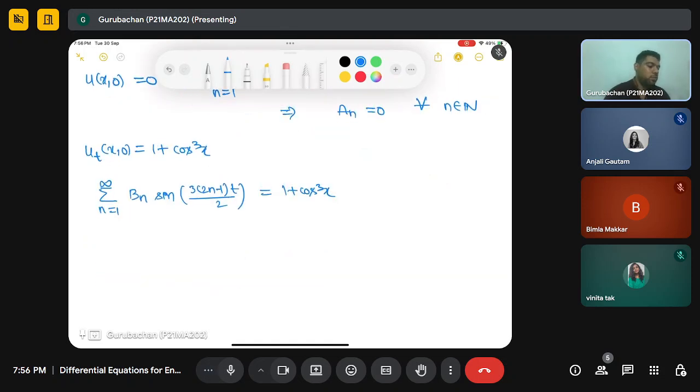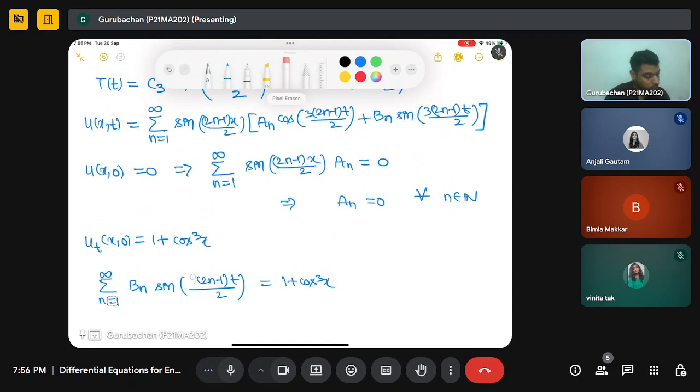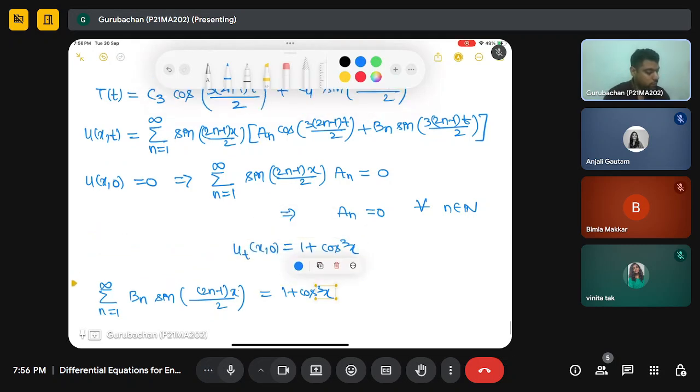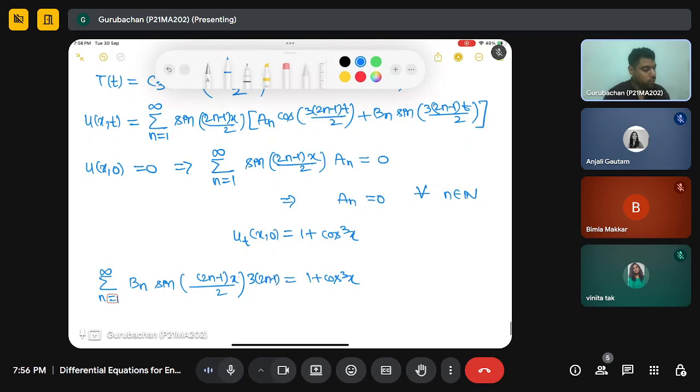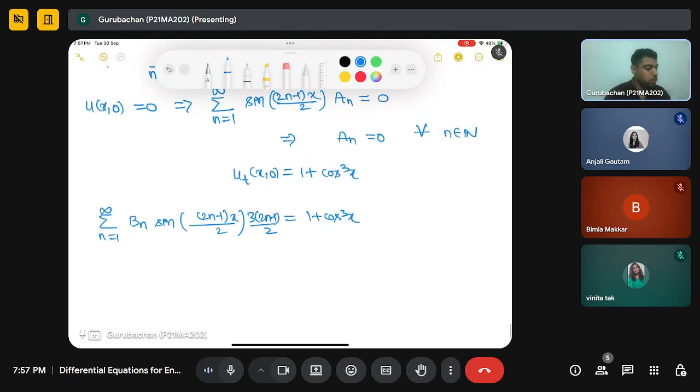Again you will multiply by sine (2m minus 1)x by 2, and apply the orthogonal property. Then you will get the value of b_n.